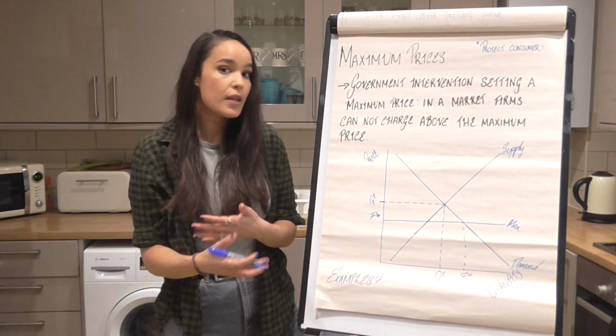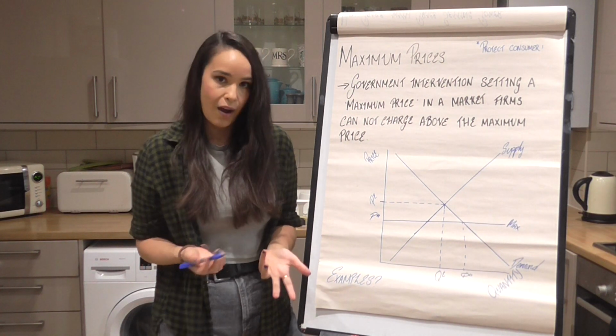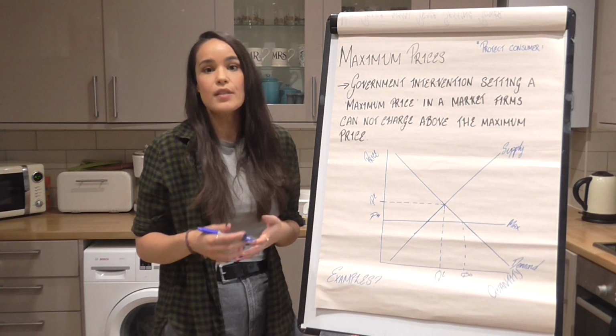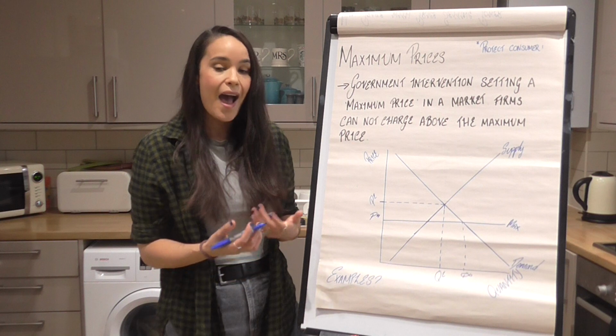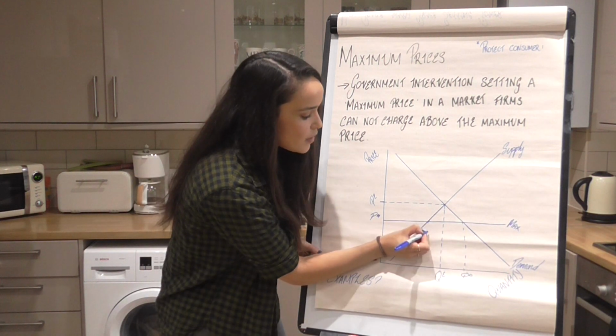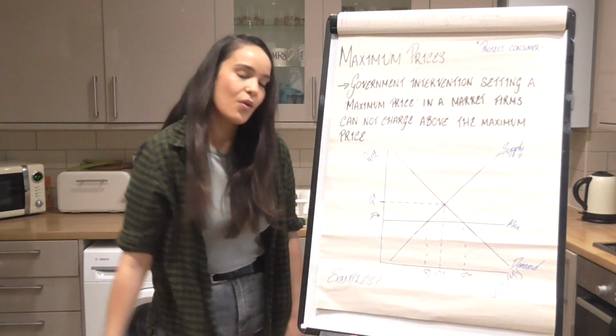And because the price has fallen in the market, we have a reduction in supply. Suppliers that are already in the market may be willing to supply less at that price level, so we have a fall in our quantity supplied.